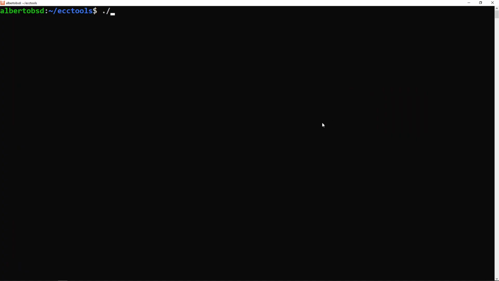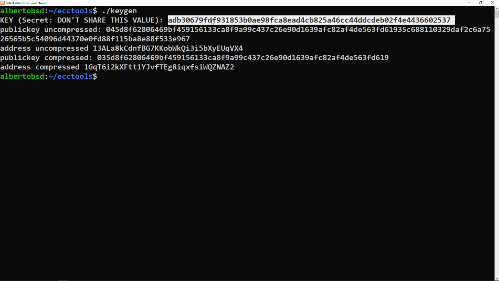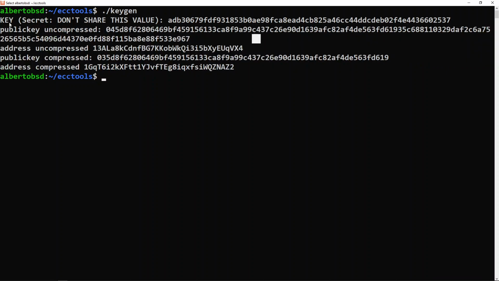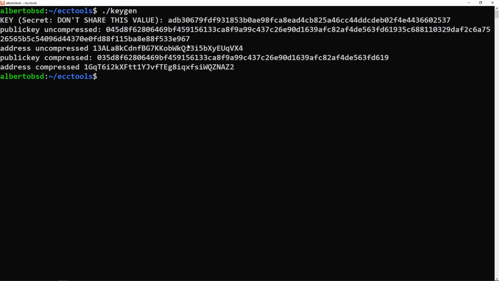I will do that with a command, khen. Sorry, khen is inside of my ECC tools repository. Khen just generates one key. We only need one value. We don't need the others. Well, let's copy only this and the public key.